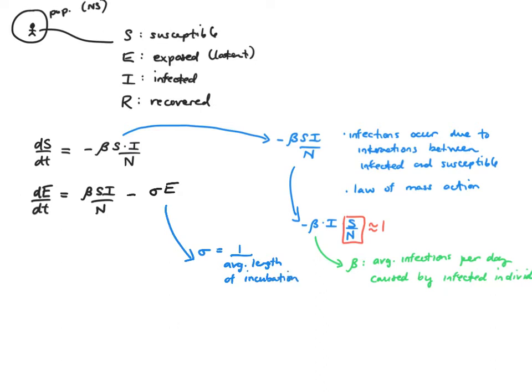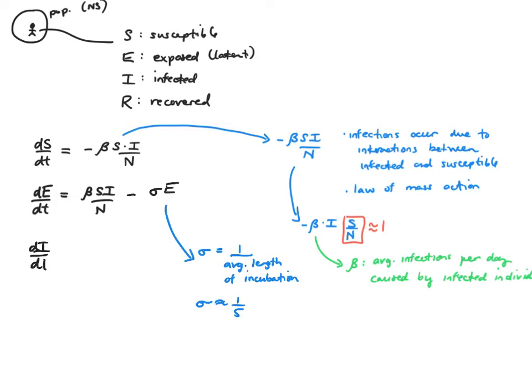It's not quite the right word, but let's call it that. This is basically how long the infection will be in your body on average before you're fully infective to others. And most of the recent models that have come out on this have estimated this to be about 5 days. So our sigma is going to be about 1 over 5 in this model. And so that will create this outflow of the exposed class, and that will flow into the infected class.